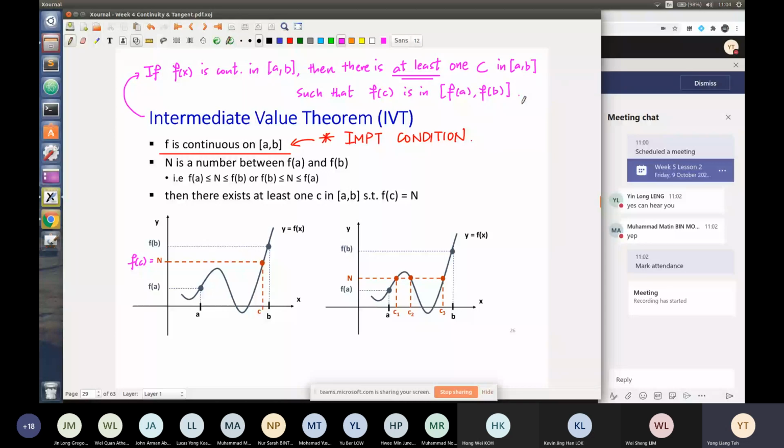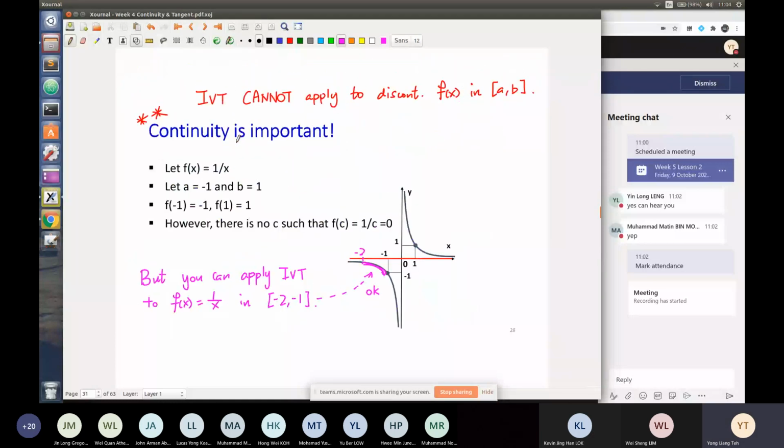I keep mentioning that the important condition in order for you to use your IVT is the continuity condition. We also went through an example where the function is not continuous. As you can see, there's an asymptote here, and therefore there's a discontinuity at x equals 0 for this function 1 over x. Then clearly you cannot apply the IVT, because we have no value of c that will give f of c equal to 0.